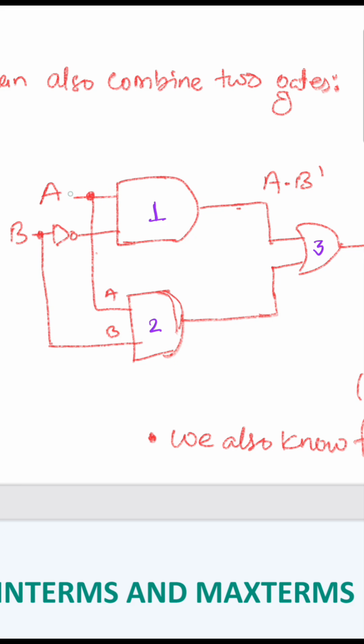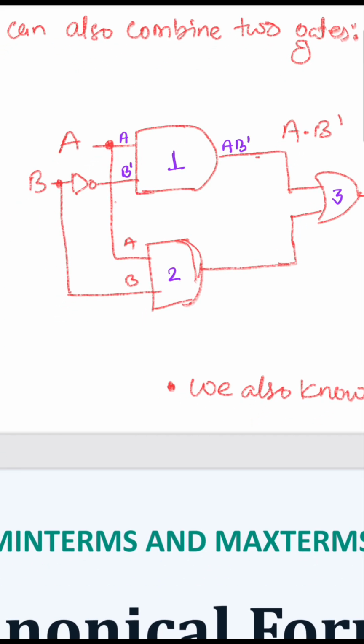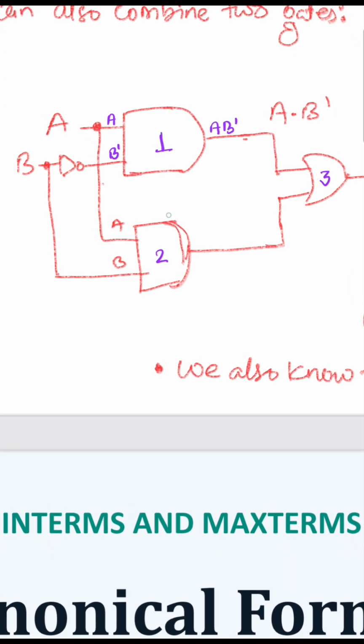Okay, if the input is A, here comes A, here comes B complement because of that NOT gate, and the output of first AND gate would be A B complement. Okay, because AND gate multiplies both of its input, right? Similarly, for AND gate number 2, the inputs are A and B, so the output would be AB.